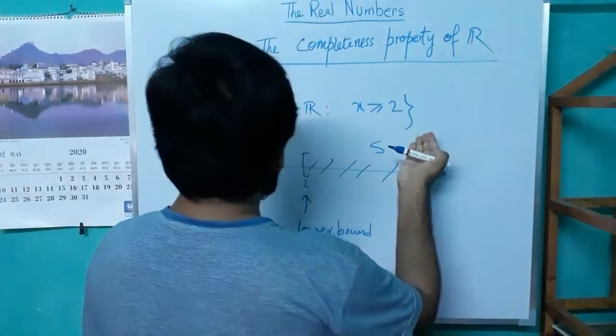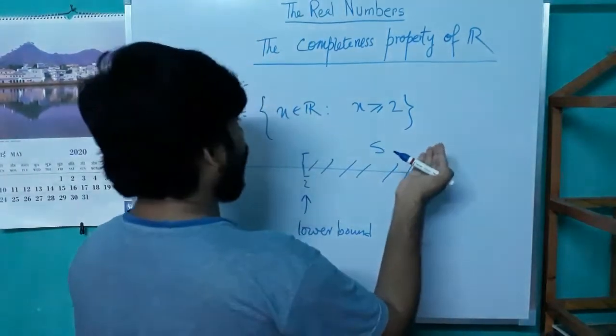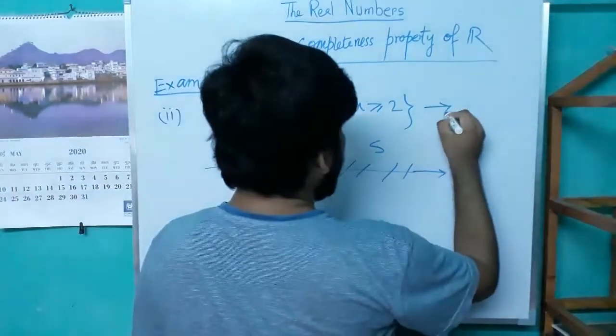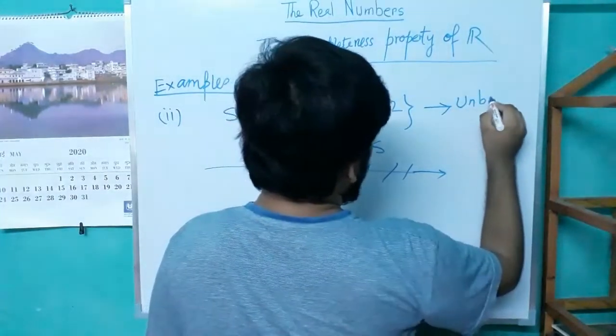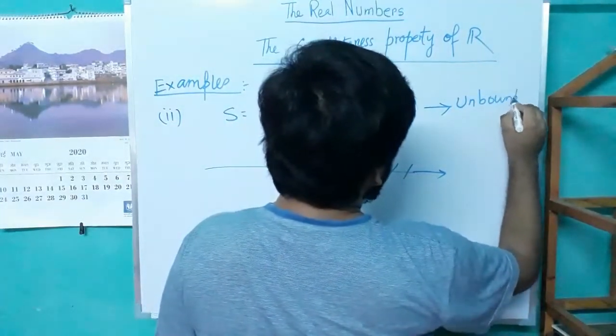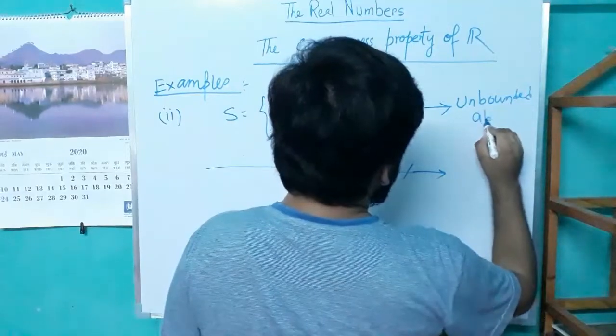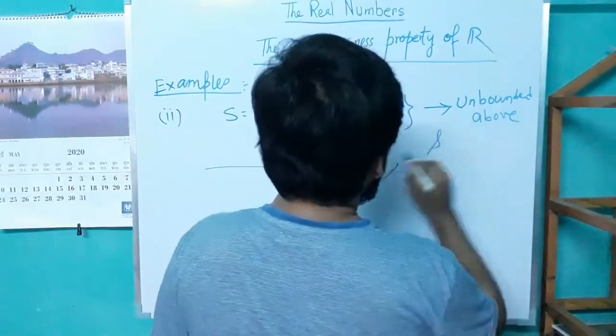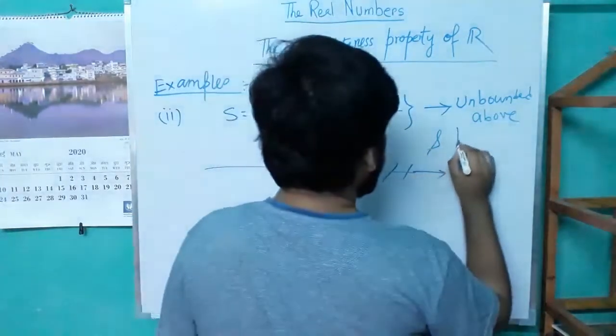So this set is unbounded above and bounded below.